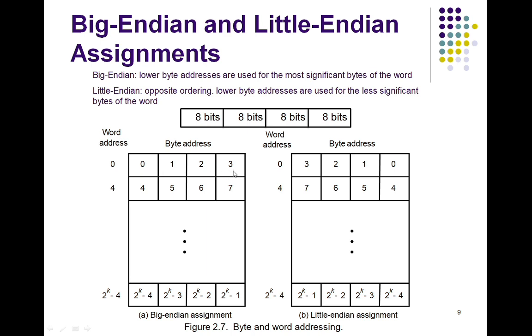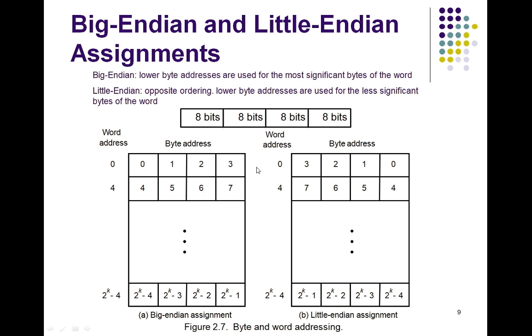These are the byte addresses, that is 0, 1, 2 to 3. So in case of big endian assignment, if the lower byte address is used for the most significant byte or the most significant position of the word, then it is known as big endian assignment.